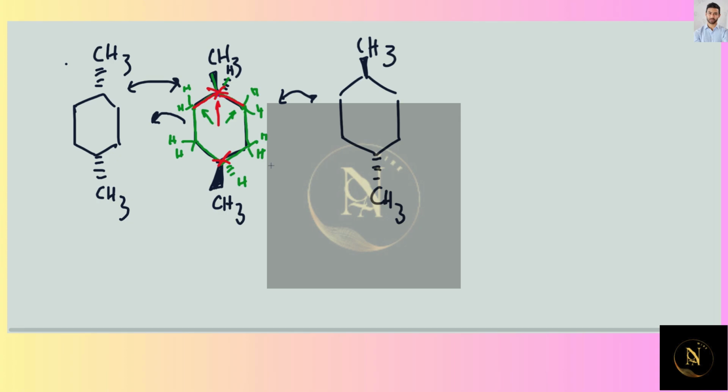So when we look at the relationship between this molecule and this molecule, they can't, in fact, be enantiomers, right? You can't have an enantiomer if you don't have any stereochemistry going on, right?